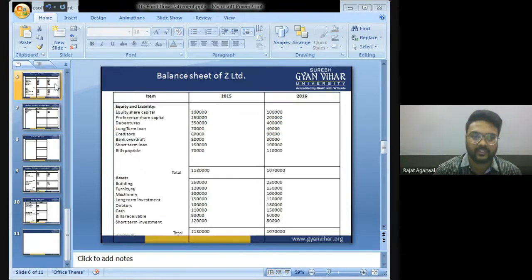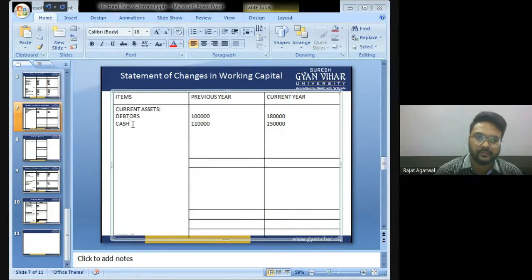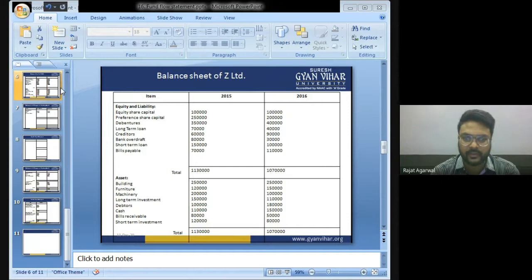After cash, bills receivable. Let's see how much is bills receivable. 80,000 in the previous year, 50,000 in the current year.